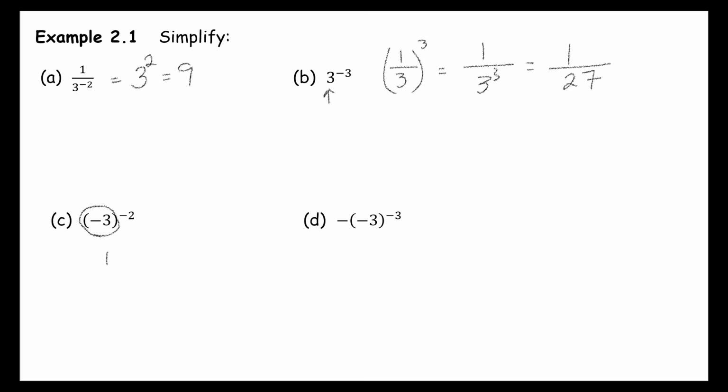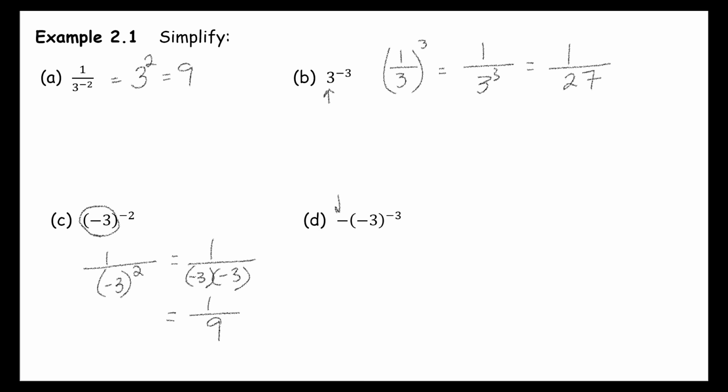So you take the reciprocal of negative 3 and you raise it to the positive 2 power. So that is equal to 1 over, remember, when you have negative 3 in the parentheses and the square outside the parentheses, that means you're multiplying negative 3 by negative 3. So that is 1 over positive 9.